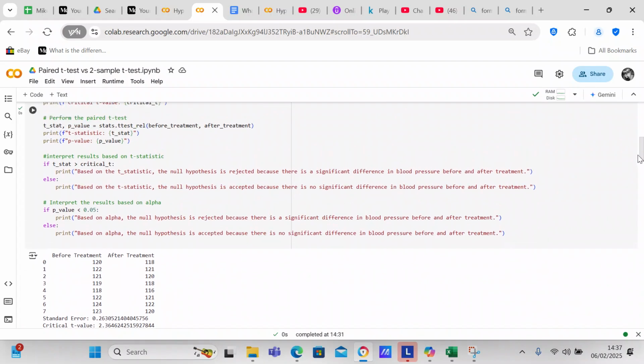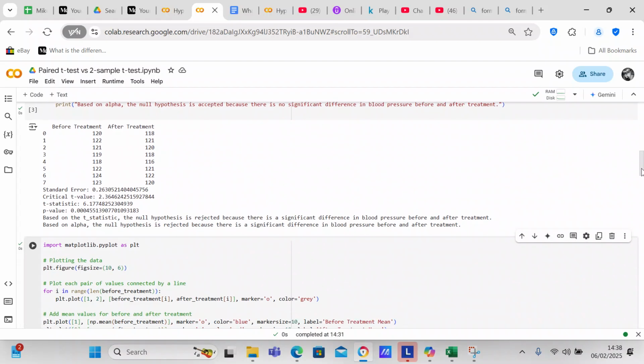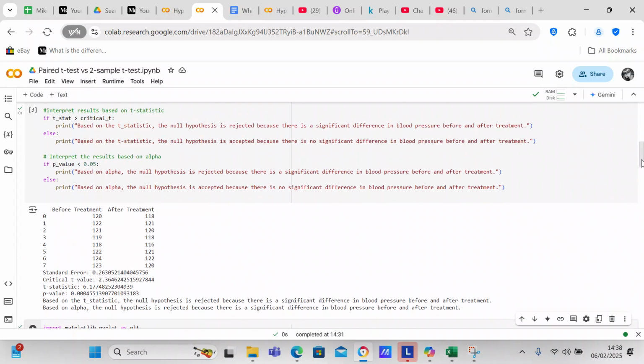And then we interpret the results. If the t-statistic is greater than the critical t, you're going to reject the null hypothesis because there is a significant difference in the blood pressure before and after treatment. So based upon the t-statistic, the null hypothesis is rejected. And then we checked it on the alpha.